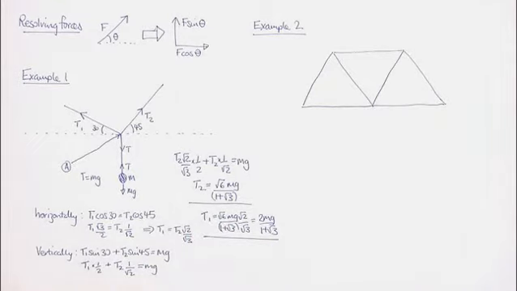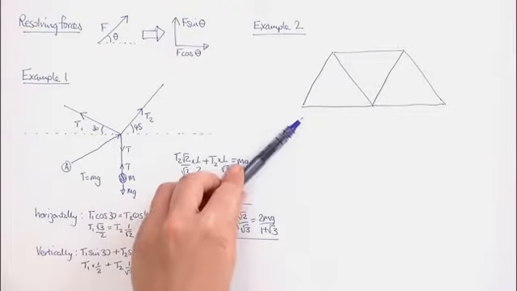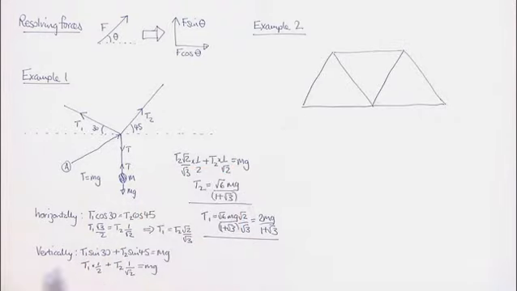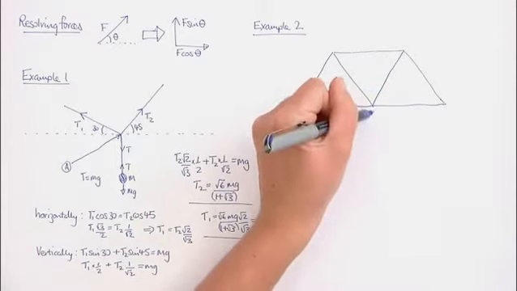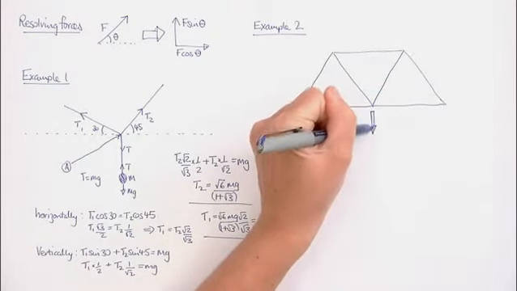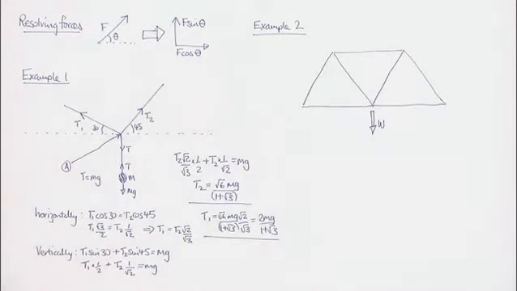Okay, let's do example 2. In example 2, let's consider this bridge, which is a framework of light rods forming equilateral triangles. Let's work out the forces on it. First, we'll assume that there's a weight acting on it in the middle, which is W, and it's supported at either end by forces from the riverbank on which it's standing.